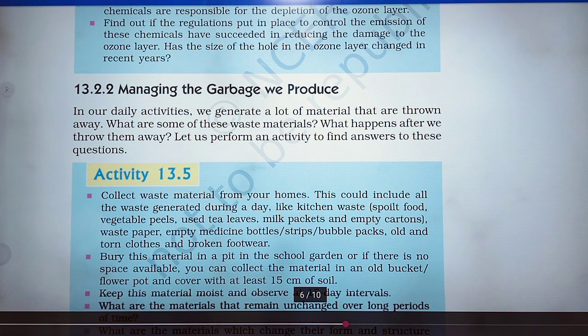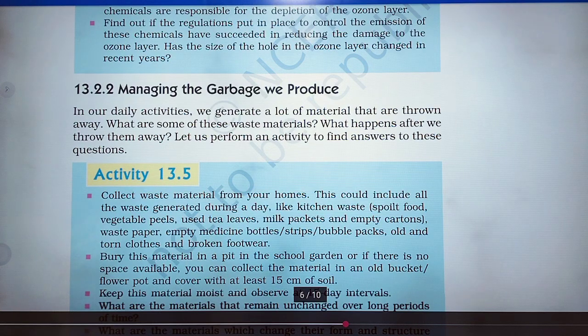Okay, so in this activity we have to collect waste material that is not in use from our house. This could include all the waste generated during a day, like kitchen waste of spoiled food, vegetable peels, used tea leaves, milk packets, and empty cartons.